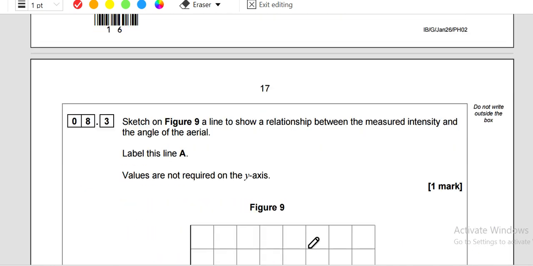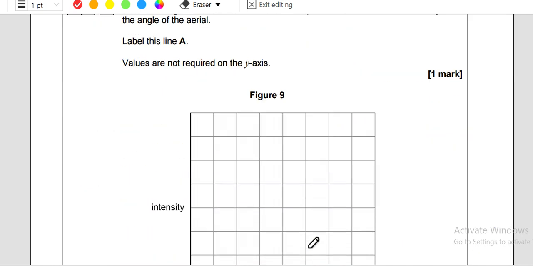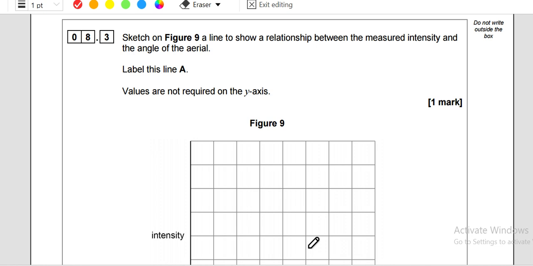Okay, rotating the aerial from 0 to 360 degrees, you want the relationship between intensity and angle of the aerial.